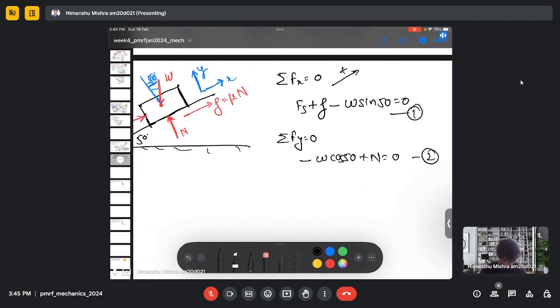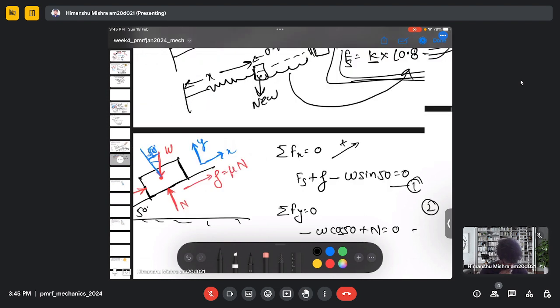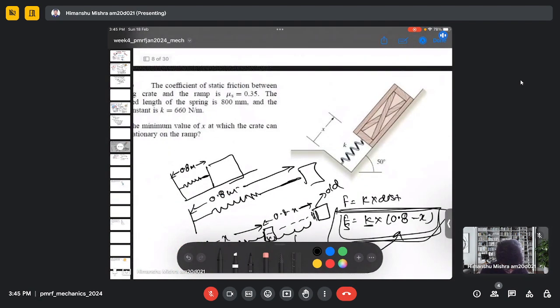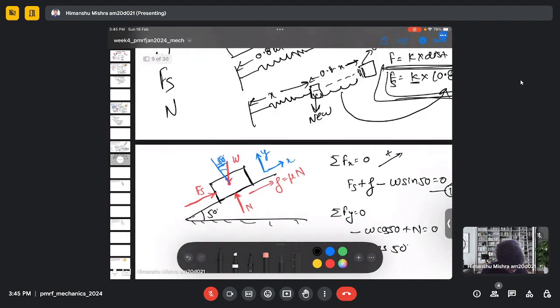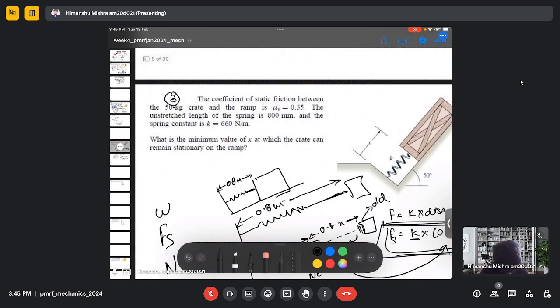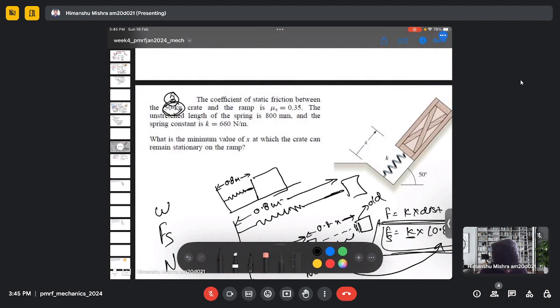So from equation 2 we can easily find the normal reaction first, which is W cos 50, and we are given the weight, which is 50 kg, and mu is 0.35.